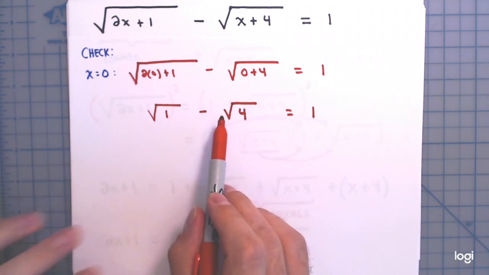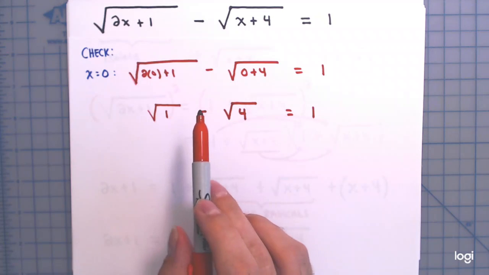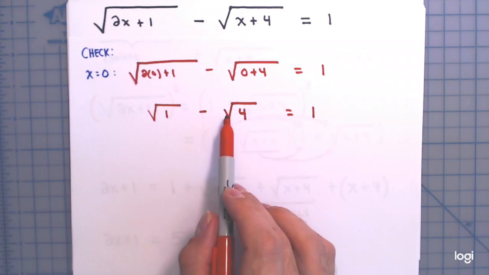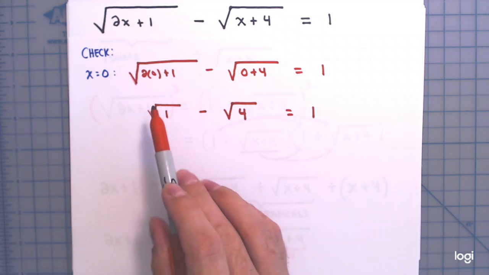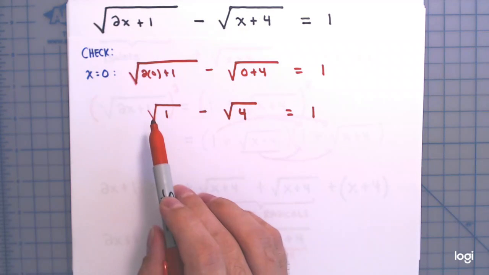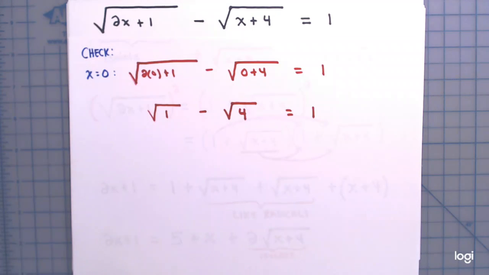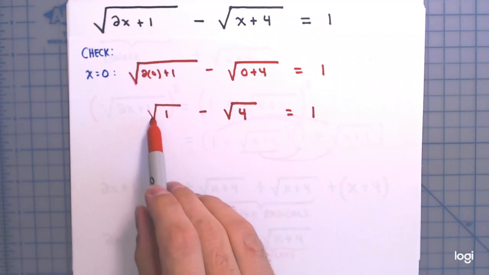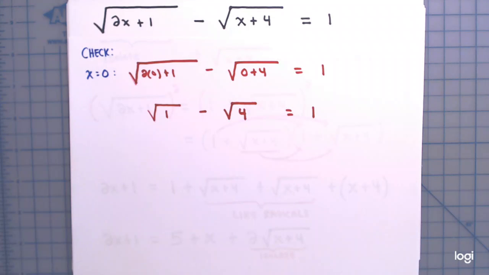And don't forget, I've mentioned this in many videos now, when you see this radical symbol with an even root, square roots, fourth root, etc., you're being asked for the non-negative root. I know that every positive real number has two square roots, two even roots, a positive one and a negative one. This symbol asks me for the non-negative one.